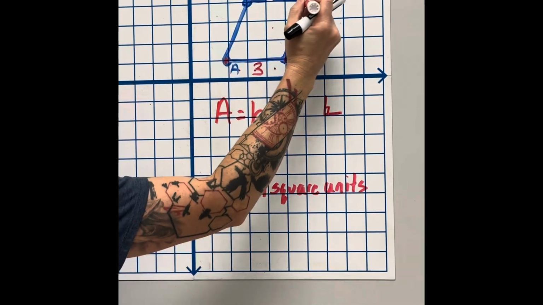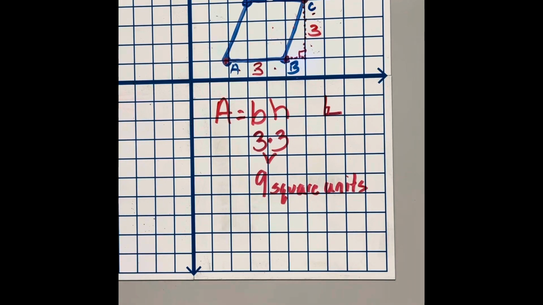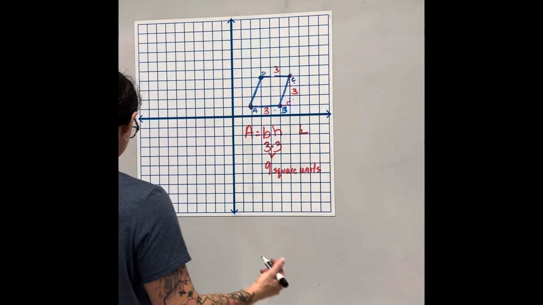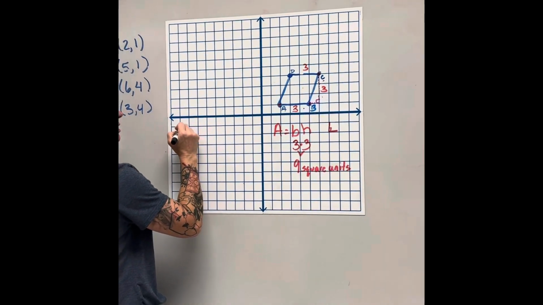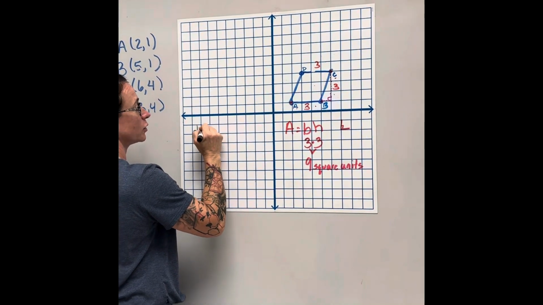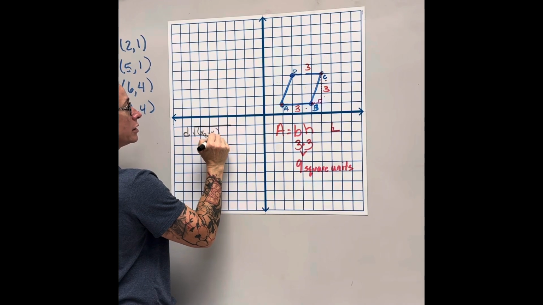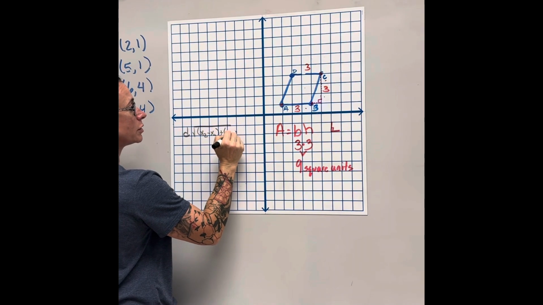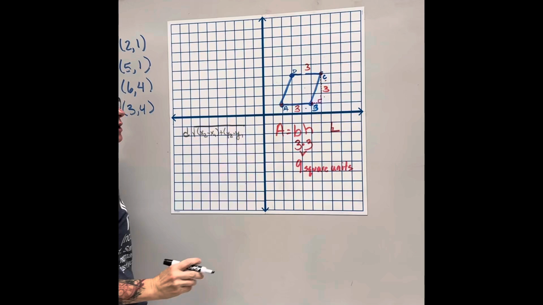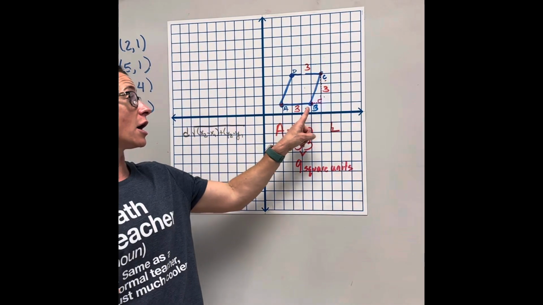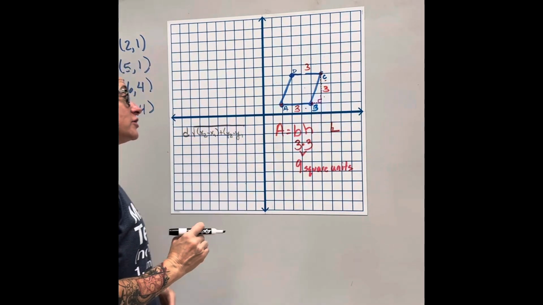Now, to find the side lengths of our slant edges, we are going to have to use the distance formula. The distance formula is the square root of x2 minus x1, squared, plus y2 minus y1, squared. I'm going to use the coordinates of B and C to solve this.